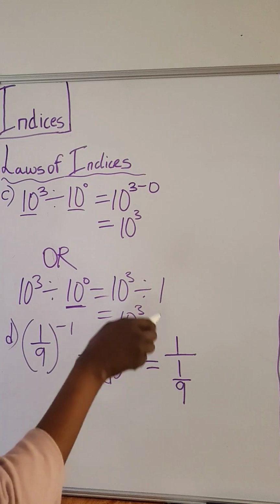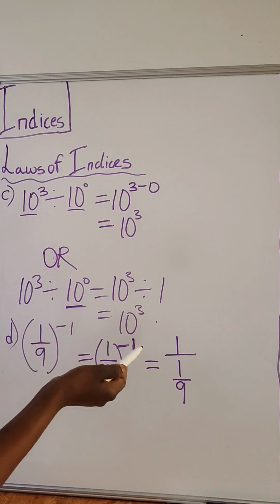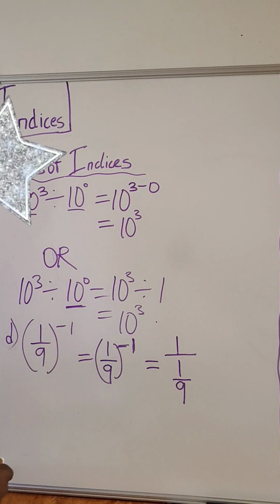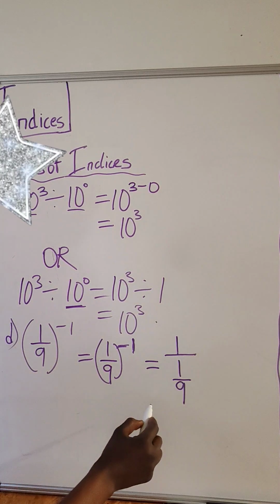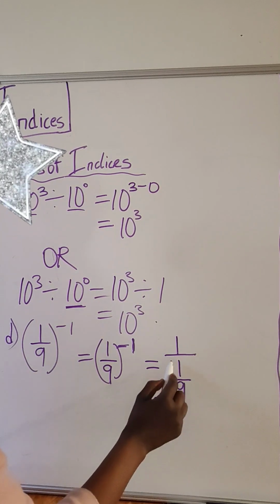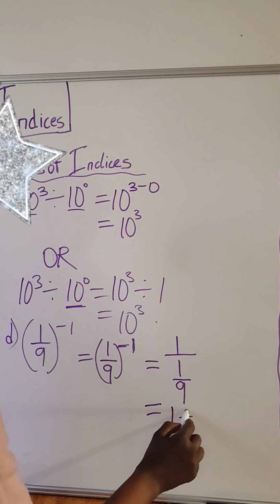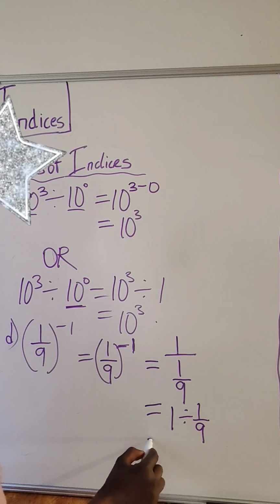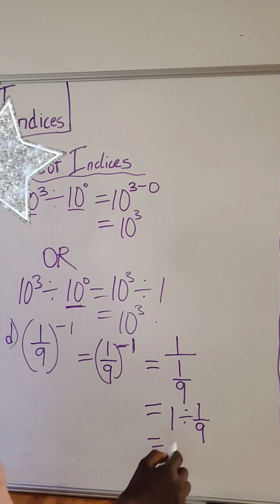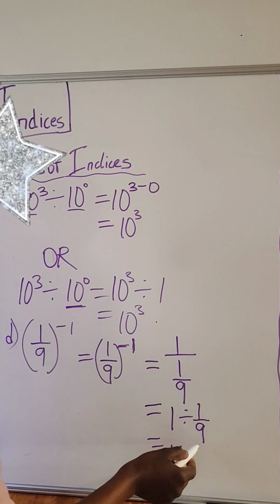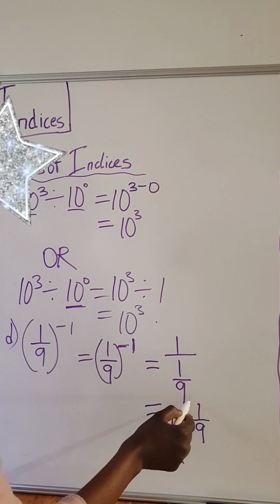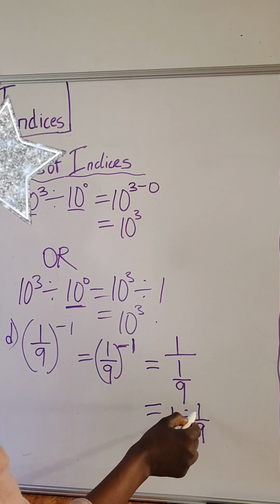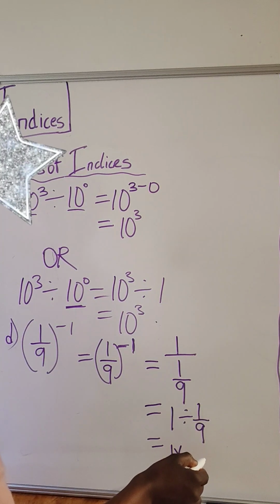We introduce a division on the actual value. And going by this, 1 divided by 1 over 9 is going to give us the following. Division will change to multiplication, and the denominator will come to the numerator position, and the numerator too will come to the denominator position.